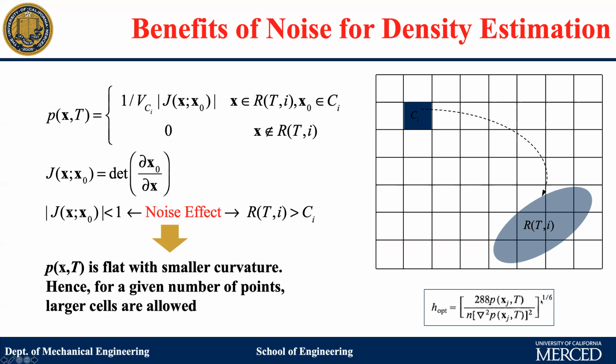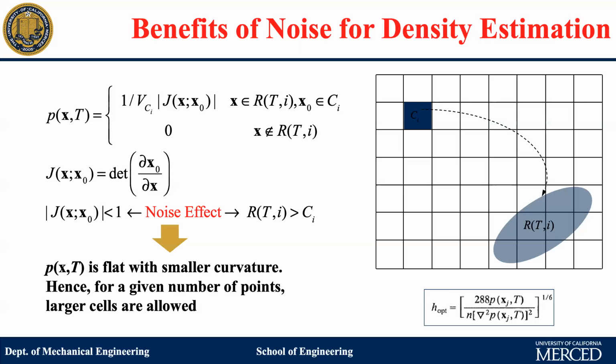And also the curvature, which we found out back in the 80s. In order to decide the appropriate box size for partitioning the state space using the data, it turns out that the curvature of the probability density function influences the size of the cells you would need.